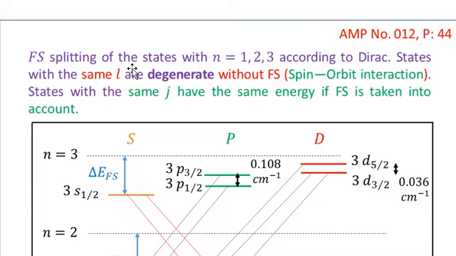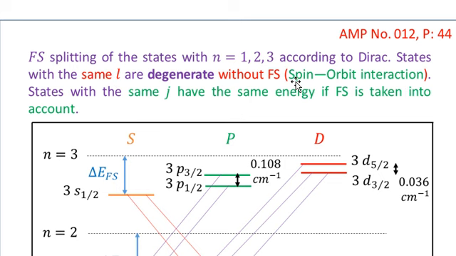Fine structure splitting of the states with n equal to 1, 2, 3 according to Dirac is shown in this diagram, which I am going to discuss. States with the same L are degenerate without fine structure. That is, the states L will be single states. They will not further split if we ignore the spin orbit coupling.